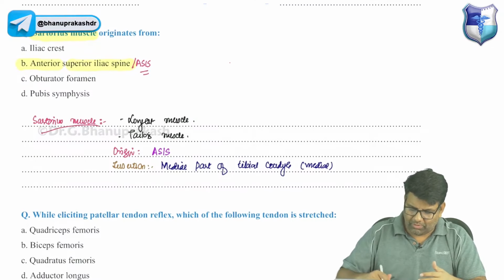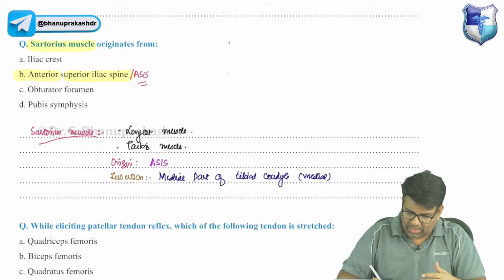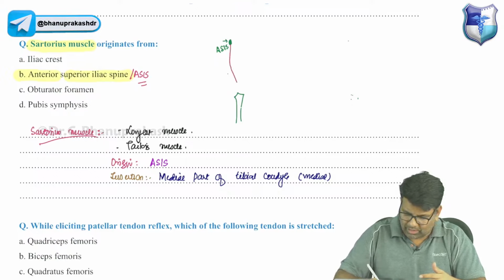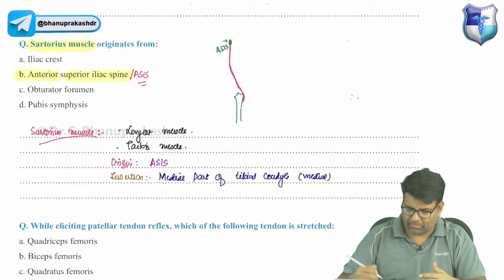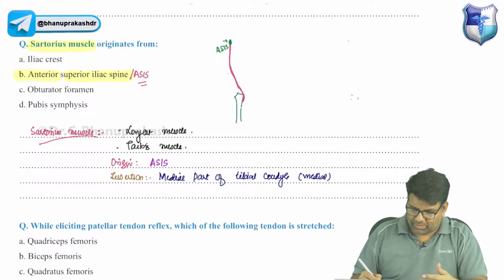So what I mean to say, now ASIS is somewhere here, and if this is tibia, the muscle goes something like this, and it is inserted something like this. So it has, you can say, a curved course kind of thing. Right?